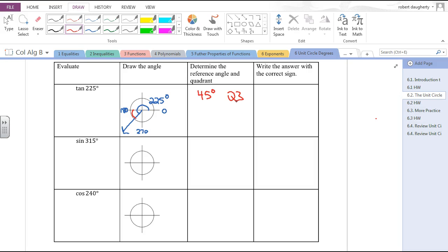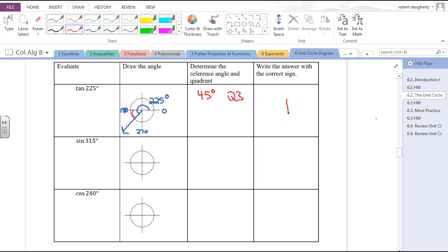Sine is y, cosine is x, tangent is y over x. So at 45 degrees, what is y divided by x? It's 1. Square root of 2 over 2 divided by square root of 2 over 2. So this is going to be 1.